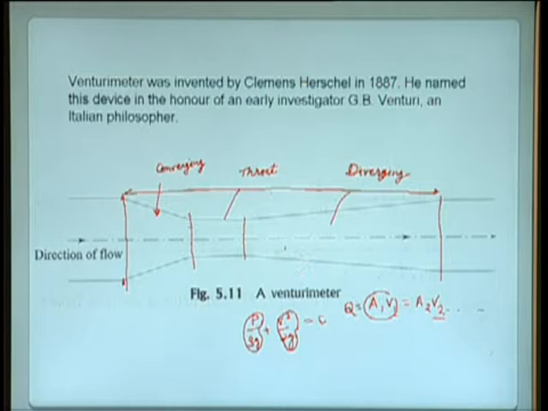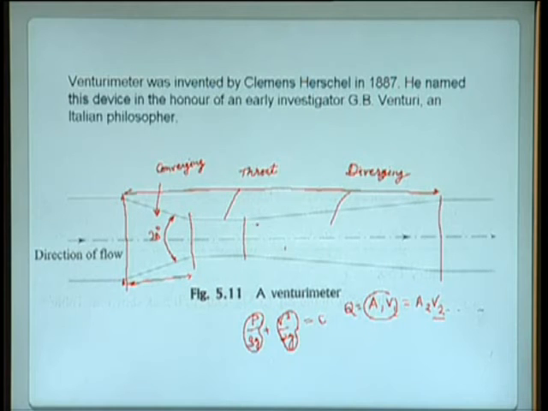Now, if this device is like this one, where we have a converging passage, then we have a minimum area which is known as throat, then we have a diverging passage. Now, if you look at this figure, the length of the convergence is very small, because the angle of the convergence is approximately 20 degree.